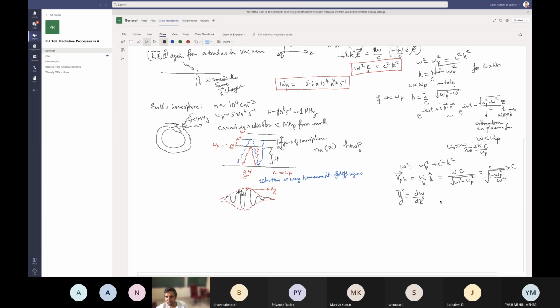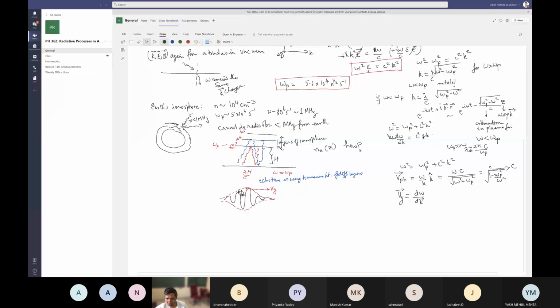So how do we get this? Omega squared equals omega p squared plus c squared k squared. Let's consider just 1D propagation. So twice omega times d omega dk is equal to c squared times twice k.